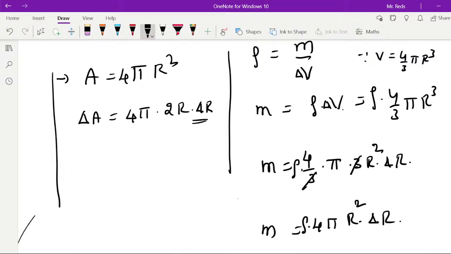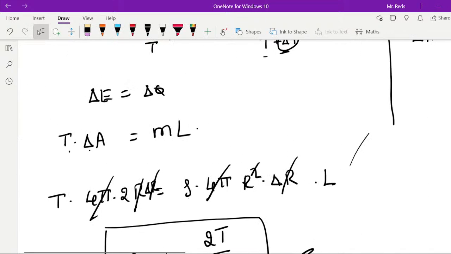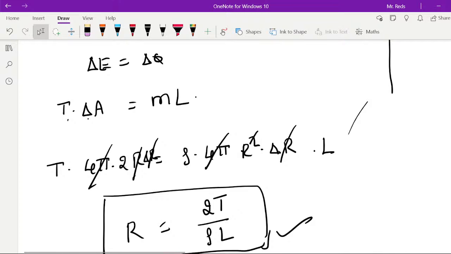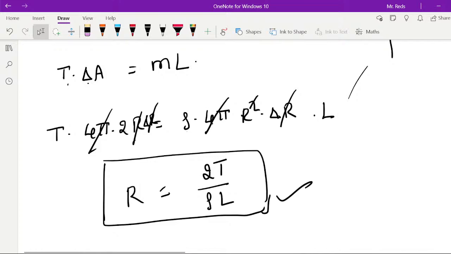So m is rho into the change in volume, which is rho into 4 by 3 pi into 3 r square delta r. Simplifying, you will get m. Now if you substitute delta A and m here and simplify further with L, the latent heat, you will get r is equal to 2T by rho L. That's it.